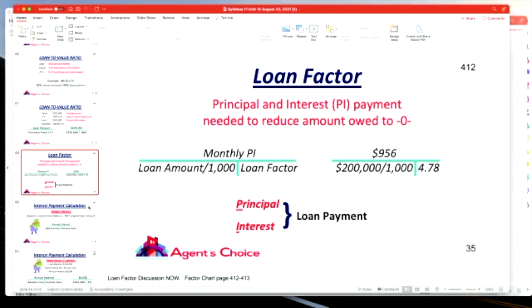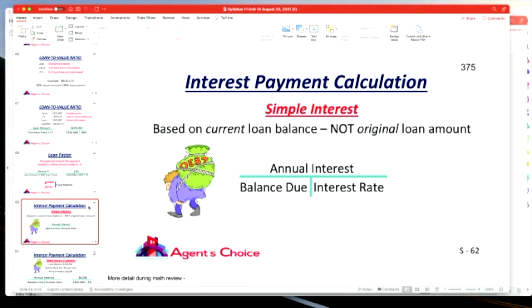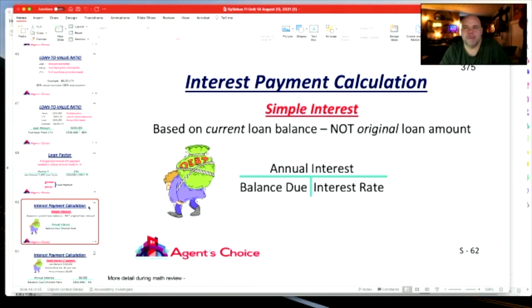Okay. So now we know they might ask you this problem. This might be a standalone math problem to calculate the monthly principal and interest. But then another problem that would be bigger than this would be, tell us what the loan balance is after 1 month.